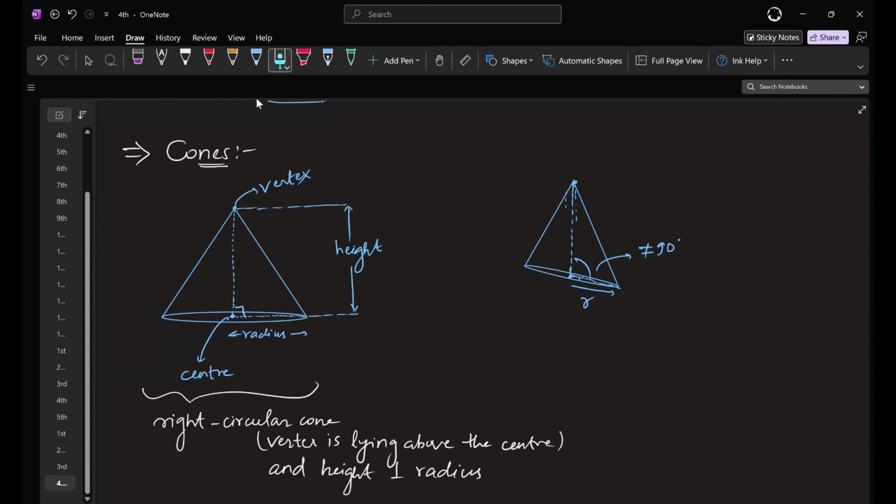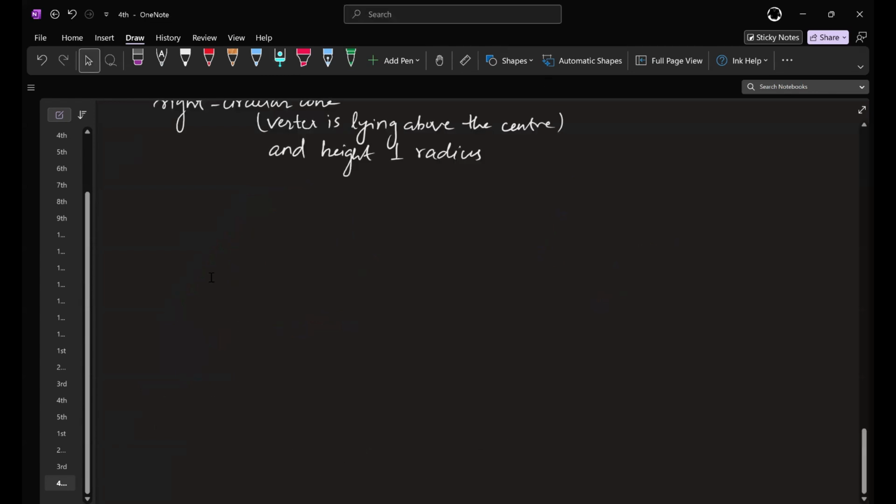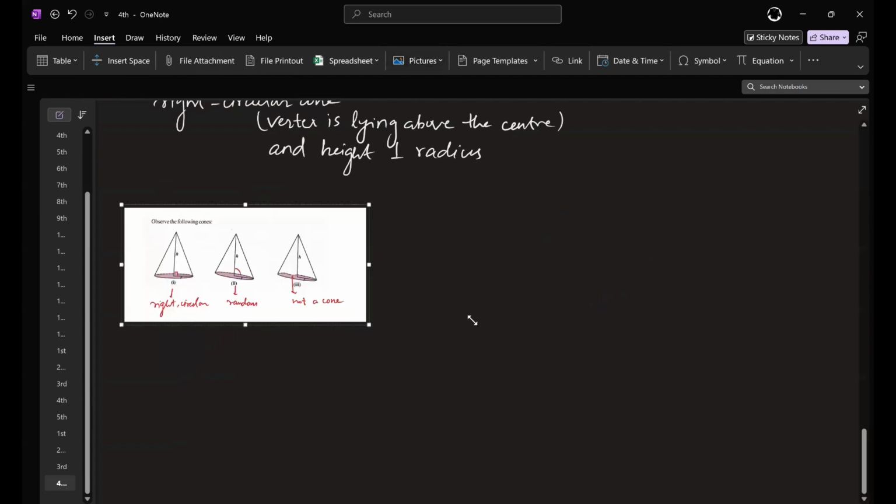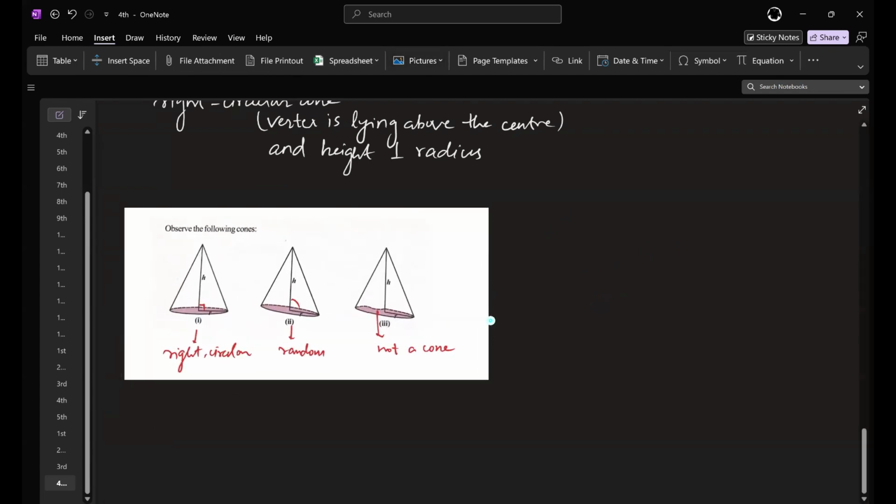Let me show you the diagram. See here, in these figures, this cone is right circular, and this angle is 90. If this angle is not 90, this is any random cone.